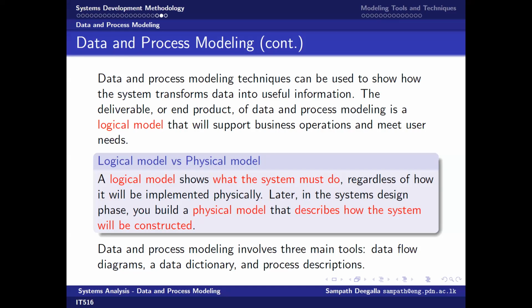Right. Now let's look at more detail about data and process modeling. Data and process modeling techniques can be used to show how the system transfers data into useful information. And what we will get from the outcome of this modeling is what we call a logical model, right?